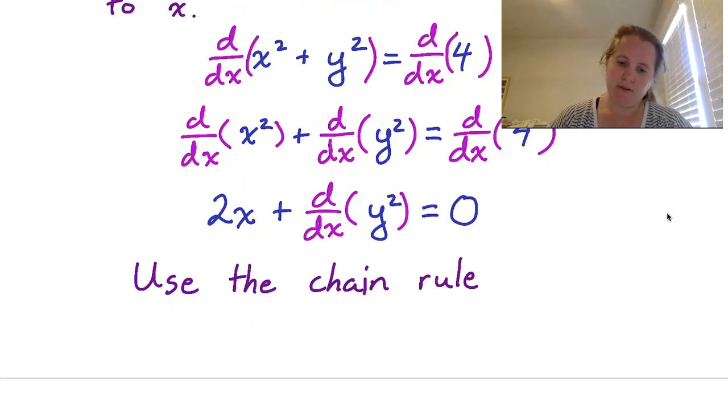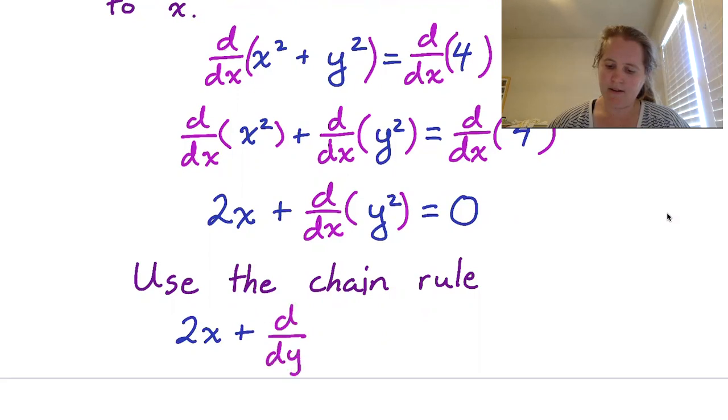And what we're going to get is 2x plus, we're going to take the derivative with respect to y of y squared, and then we are going to multiply by the derivative of y with respect to x.